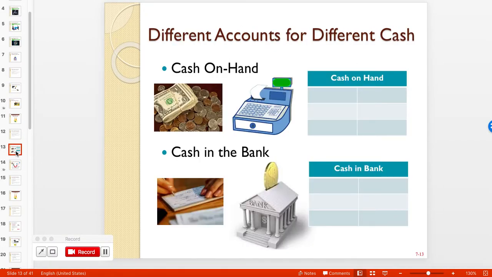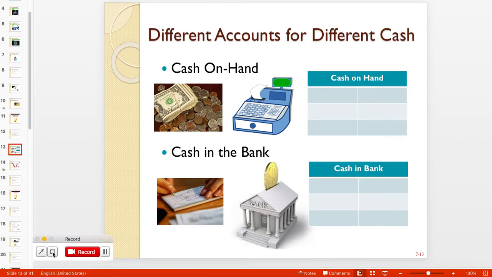Now, first of all, a company has different accounts for different types of cash. When we think of cash, of course, we think about dollars and cents. A lot of times companies will hold that in their cash register, and that is what we consider cash on hand, the cash that a company has on their premises.